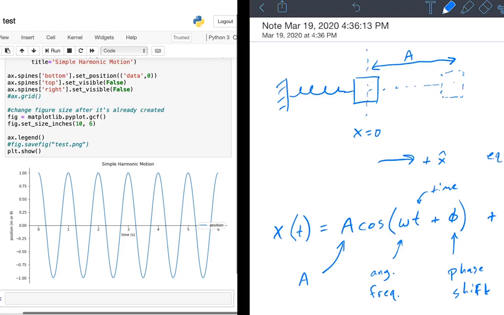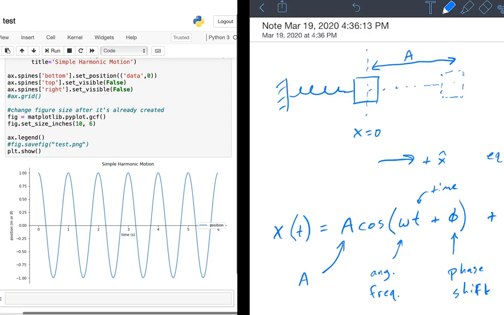This would become negative, I think. Yeah, this would be negative. It's just a shift. It's kind of arbitrary, and we're not going to deal with that a whole lot. You can think of it really kind of as a starting position. I'm not going to say that because we have that equal to 0, but we want our equilibrium equal to 0. So anyways, we're just going to ignore those two things right now.